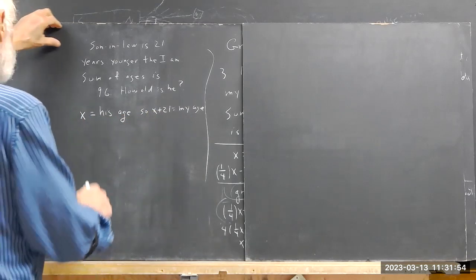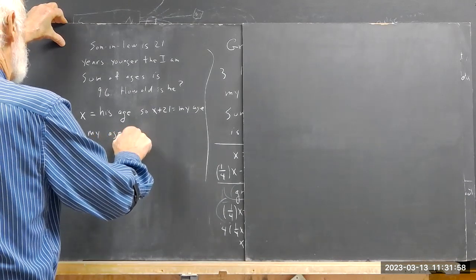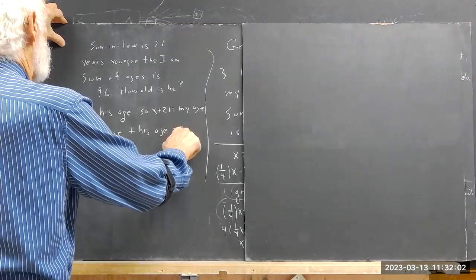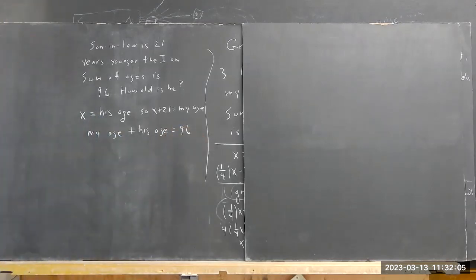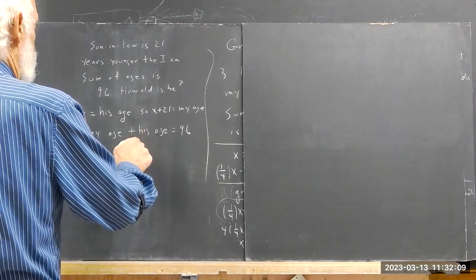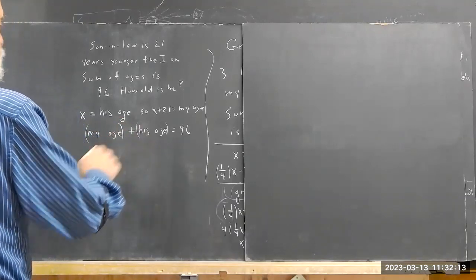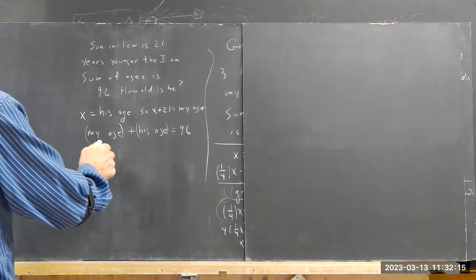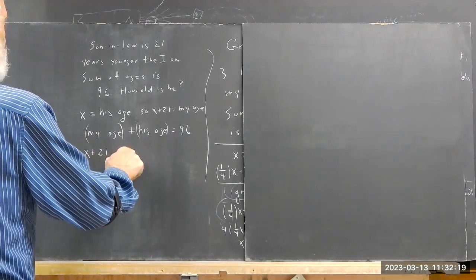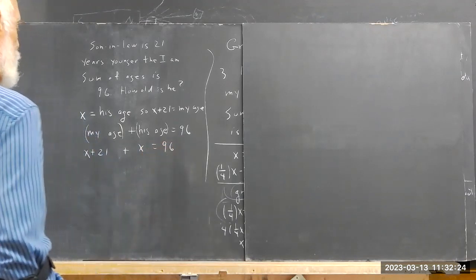So my age plus his age is 96. Let's look like the word this, so put parentheses around these. My age is X plus 21, plus X, and that's 96.